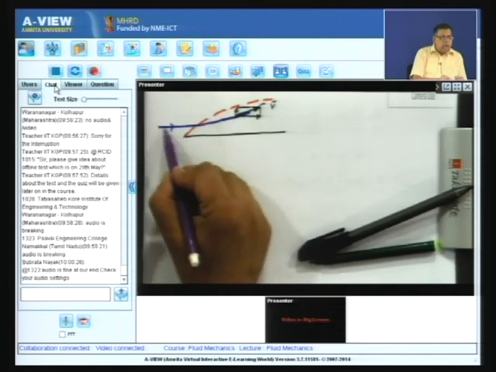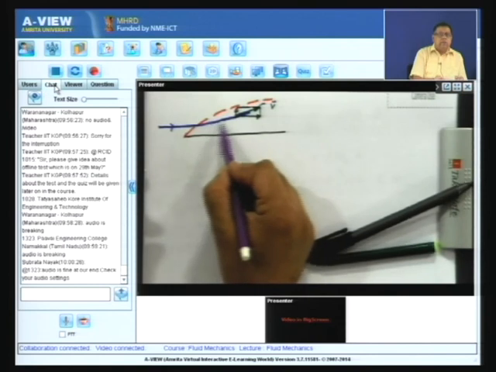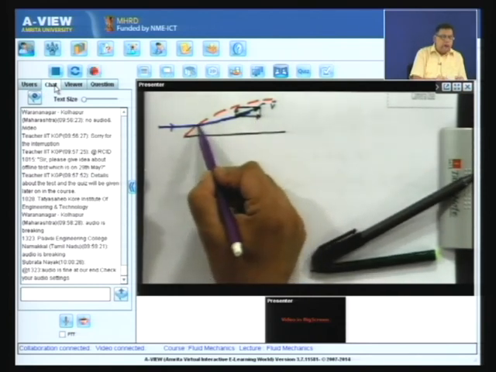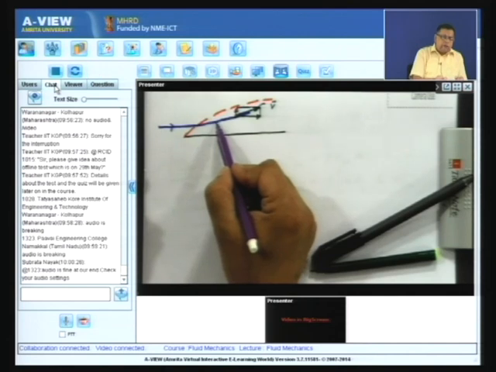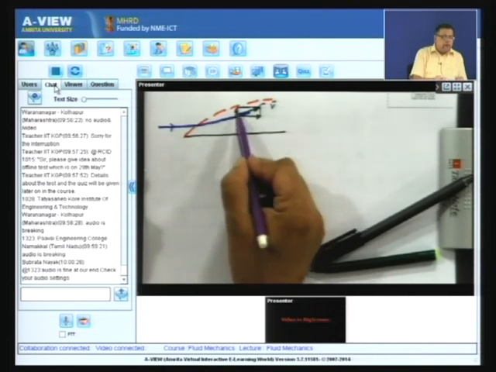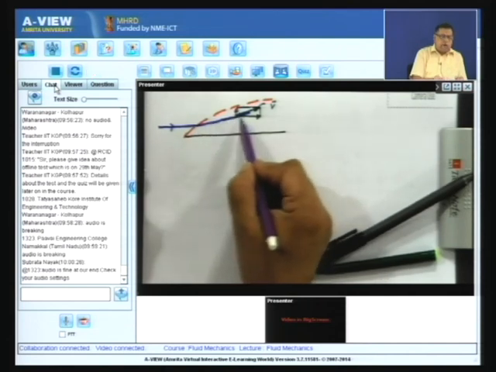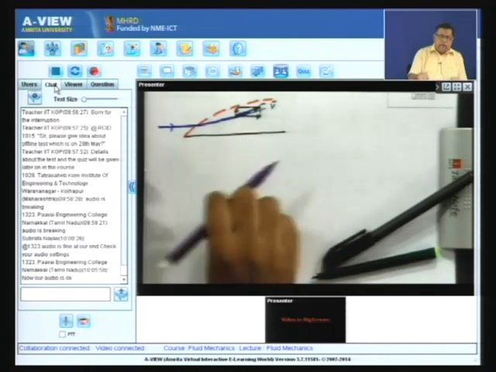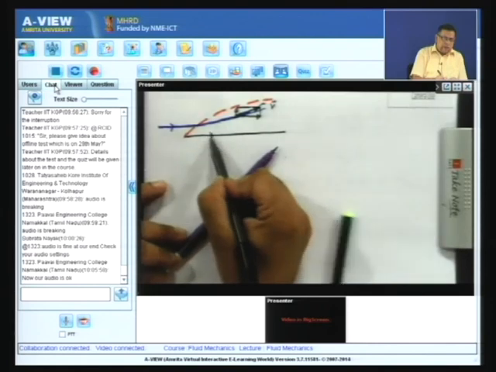The fluid particle will move along the streamline because it is a steady flow, so streamlines and path lines are identical. It will enter the boundary layer. Once it enters the boundary layer, it will acquire a velocity in the y direction and it will move in a path like this.